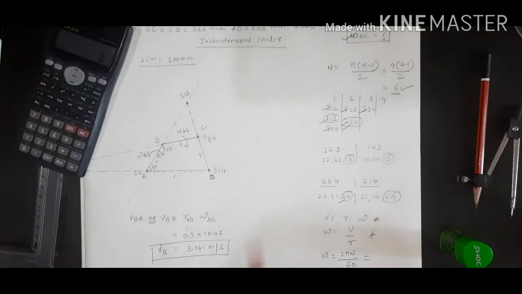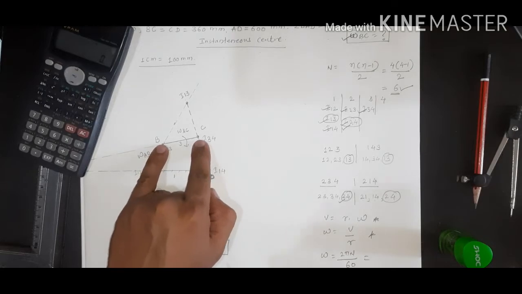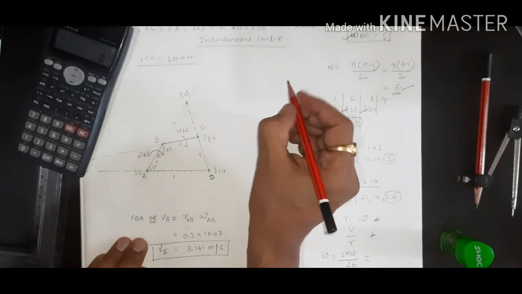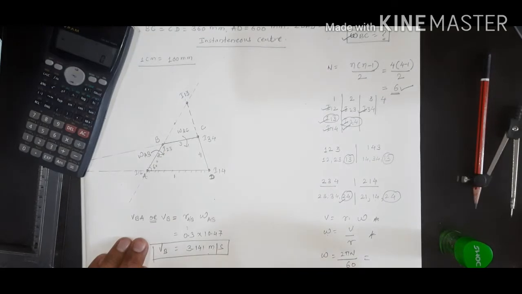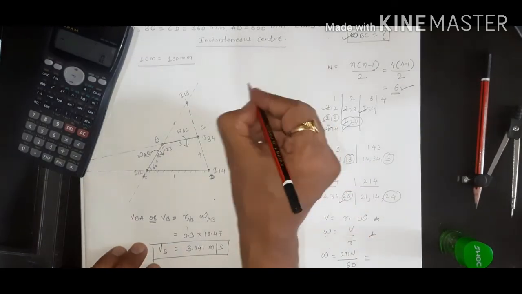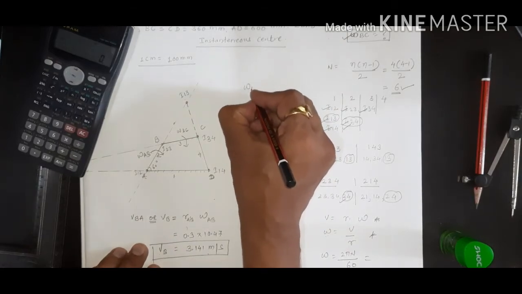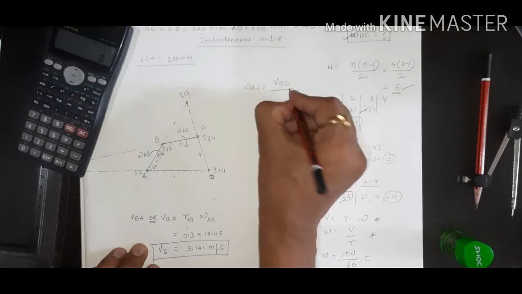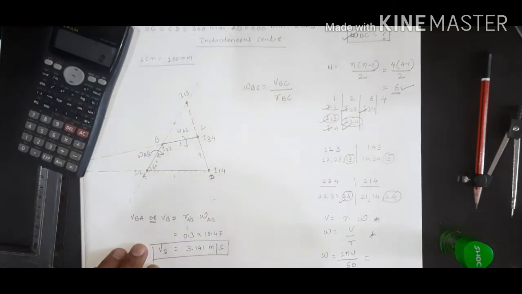Now the reason behind calculating this one is that we have to calculate the angular velocity of BC. Now see here, you can calculate the angular velocity of BC in 3 different ways. The very first way is omega BC is equal to VBC divided by RBC.